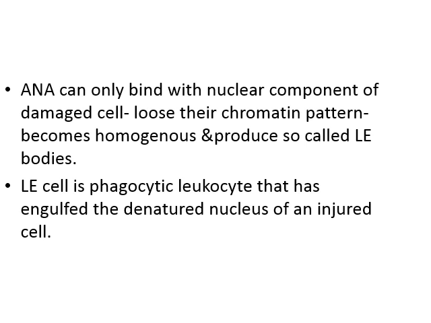Now the anti-nuclear antibody can bind only with the nuclear component of the damaged cell, which loses its chromatin pattern, becomes homogeneous, and produces so-called SLE bodies. Now what are the SLE bodies? SLE bodies are the nuclear material damaged by the anti-nuclear antibody, which is homogeneous, and this type of material is called an SLE body.